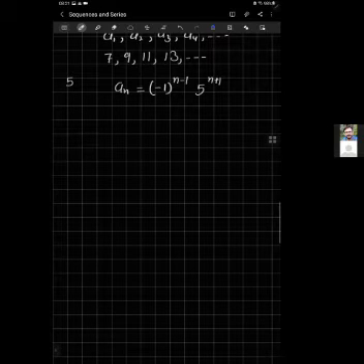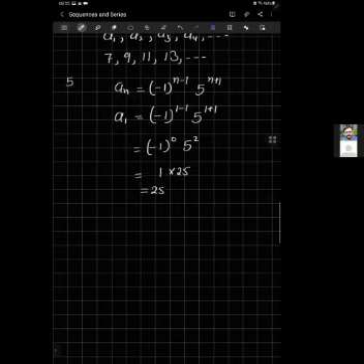Okay, in this case, we are writing first three terms of this series. So A1 will be minus 1 to the power 1 minus 1, and I need to put as 1 plus 1. It will be minus 1 to the power 0, 5 to the power 2. Minus 1 to the power 0 will be 1 into 25. So it will be 25.